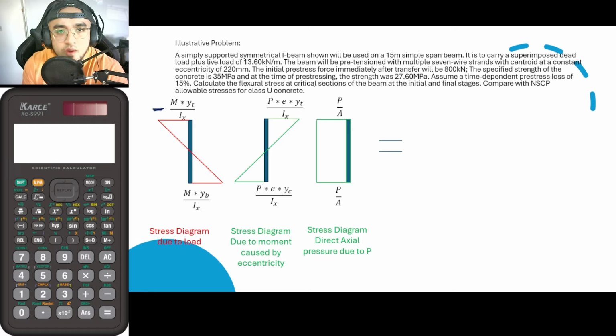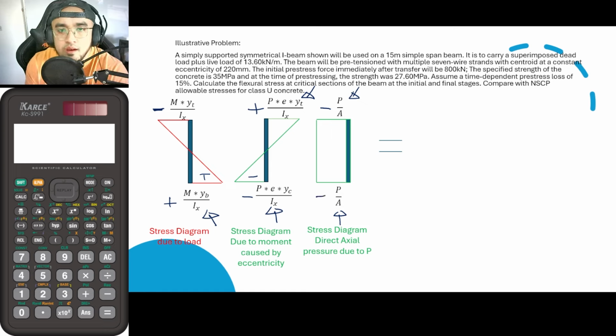And for the next one here, since it is plotted to the right, or it is in tension, that is positive. And for our direct axial compression, since it is compression, in my sign convention, that is negative. And for the bottom part, for this one here, since it is tension, this is positive. For this one here, since it is compression, that is negative. And for this one here, since it is still compression, that is negative.